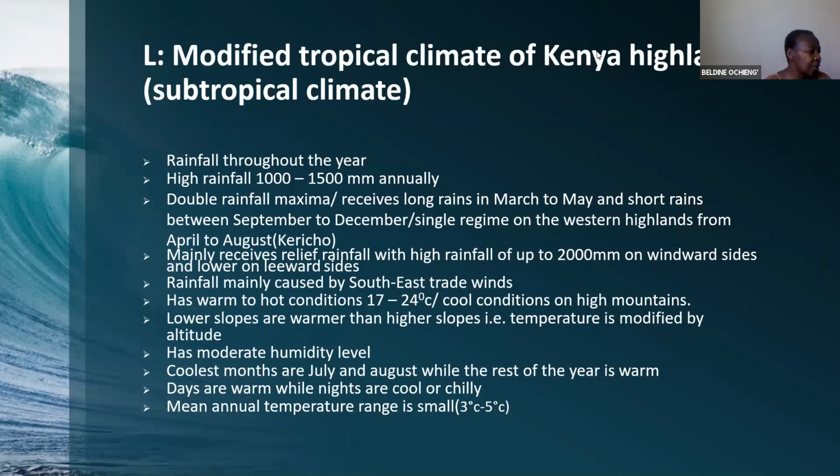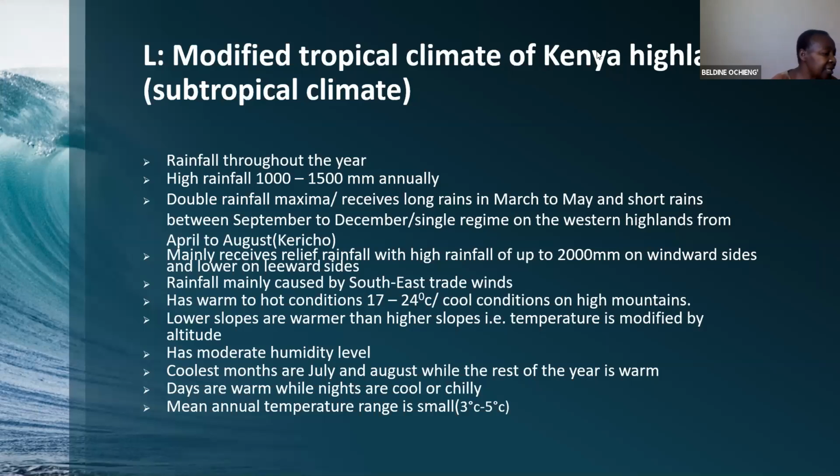Indeed, the coolest months, even starting from late May. The whole of June we had a very cool environment. July now is still very cool. And this one is quite true: days are warm while nights are cool or chilly. This is Kenya highlands.